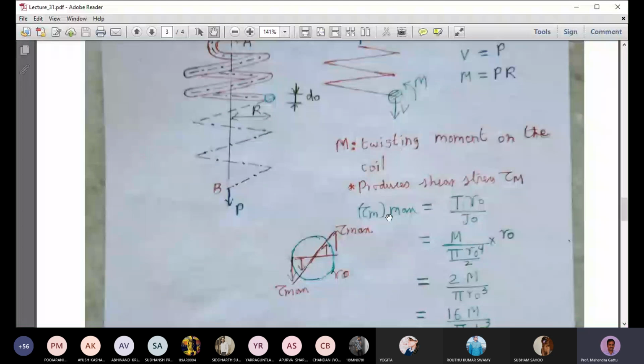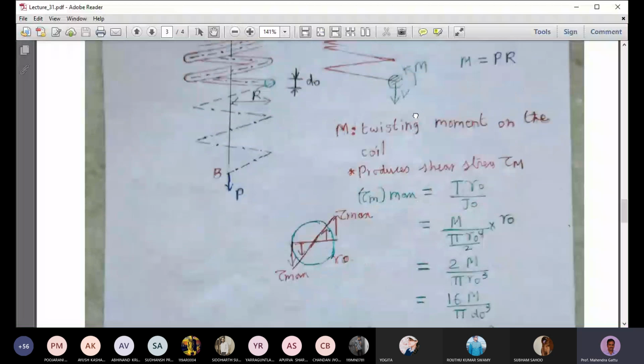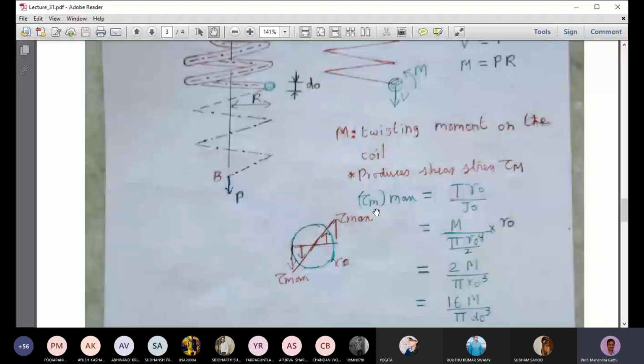So we can find the maximum shear stress on the outer circumference due to the twisting moment M. The formula is tau max equals TR by J.